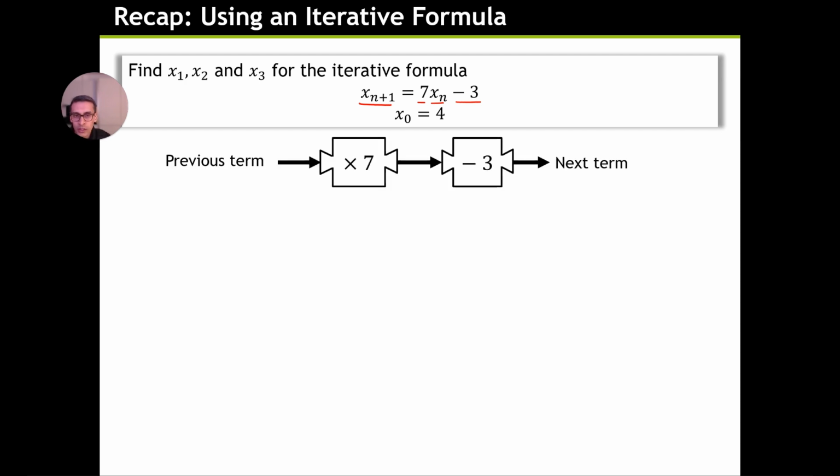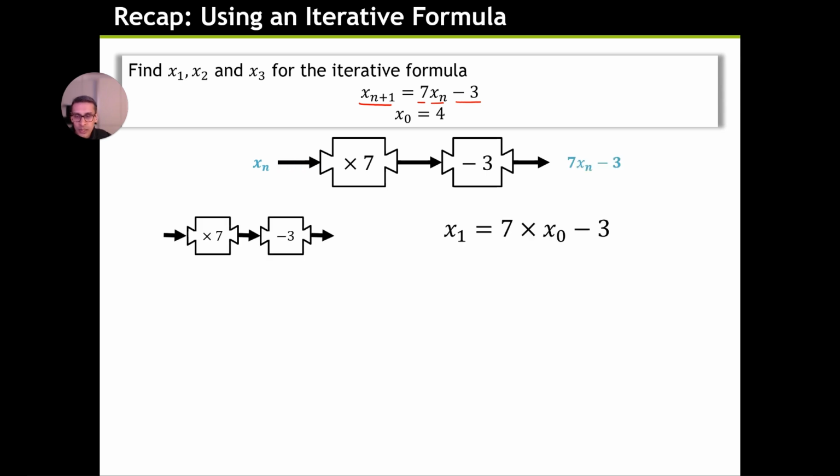So what that will look like is, we know that 4 has to be the first thing that goes in. We're going to multiply it by 7 and then take away 3. And that's going to give us 25. So that's our first term is 4. So that's x naught. x1 is what we've just found, which is 25. x2, well, to work out what x2 is, I'm going to do 7 times x1, take away 3.